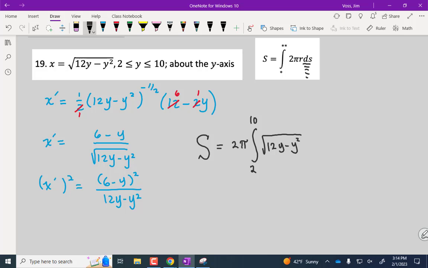So there's r, 2 pi r. And now ds is the square root of 1 plus x prime squared. So 1 plus, here's our x prime squared. We're going to FOIL out the numerator, so that will be 36 minus 12y plus y squared, all divided by 12y minus y squared, dy.